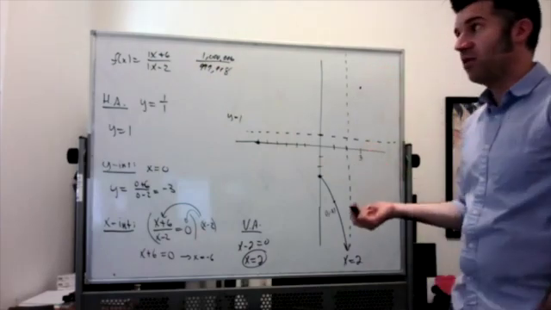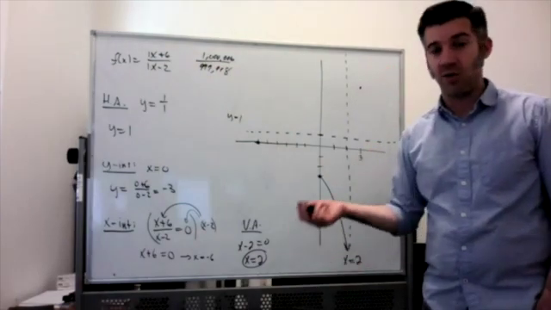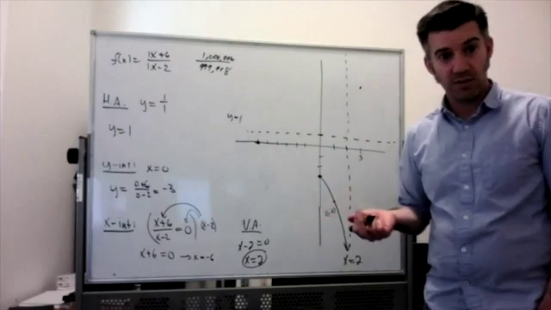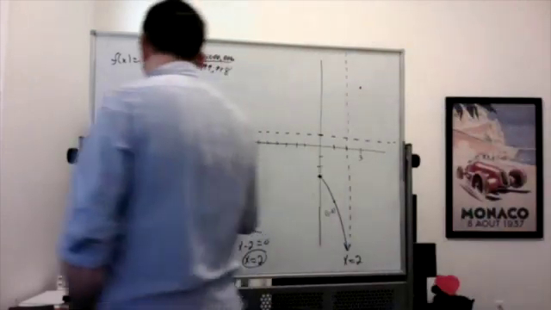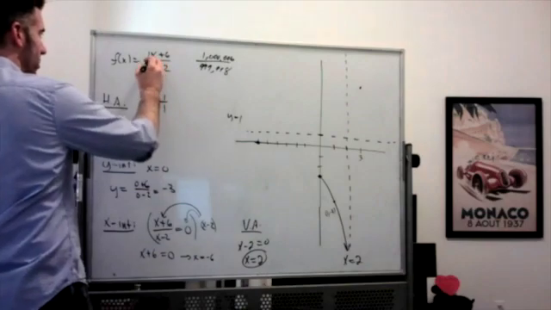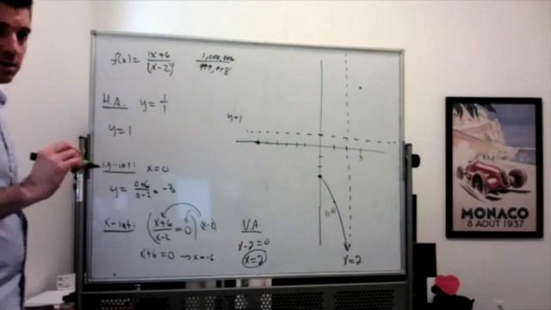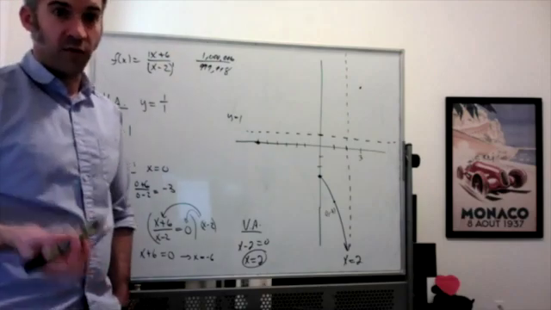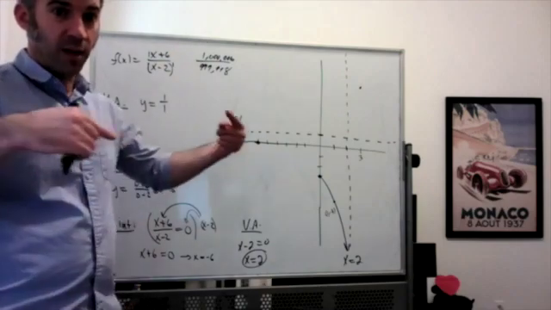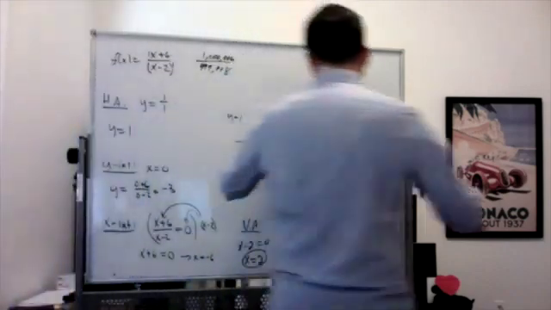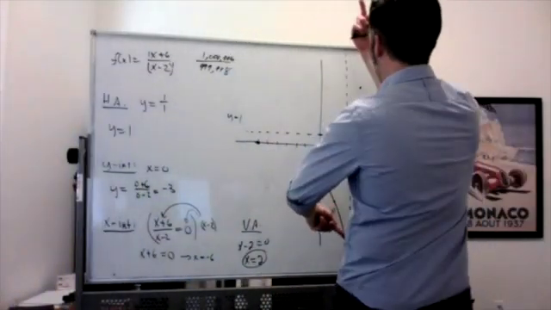But you can also do the thing I was saying before about the odd or evenness of the vertical asymptote. The vertical asymptote came from this factor, x minus 2 to the first power. Since it's an odd multiplicity for our vertical asymptote, we have opposite behavior. One side goes down, the other side has to go up.